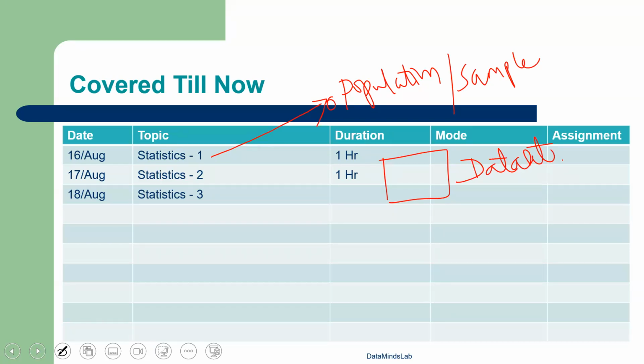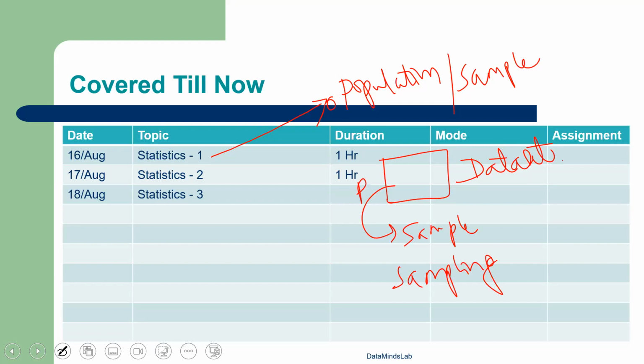So for example, if there is a data set and you consider this as a population, then how can we derive the sample out of it, and how can we calculate the sampling error for any of the considered statistics, maybe minimum, maximum, mean or standard deviation.